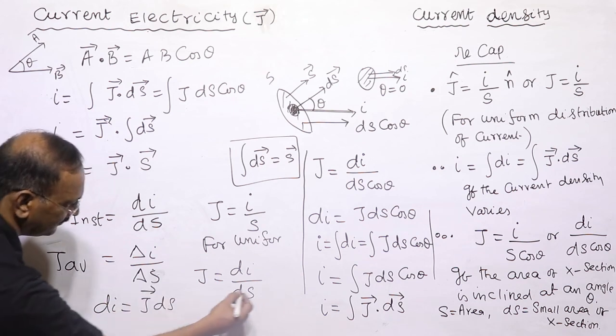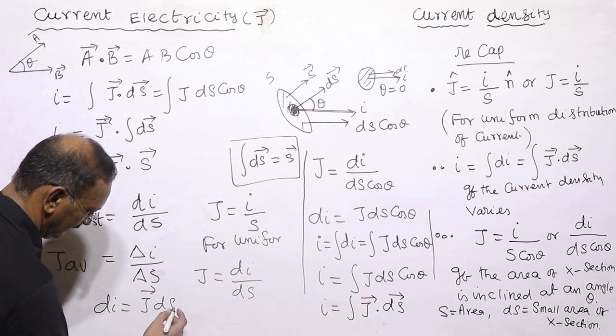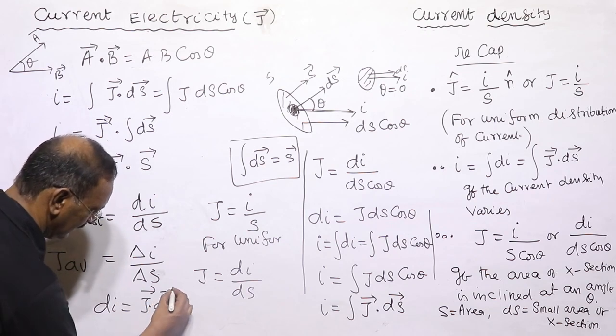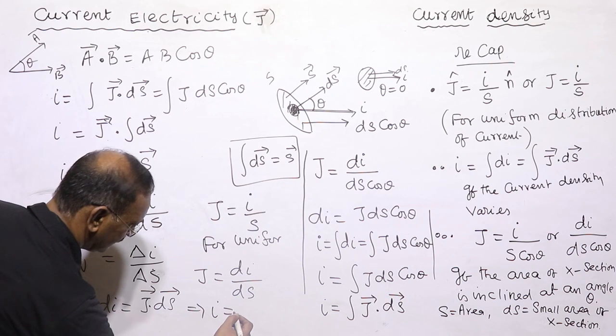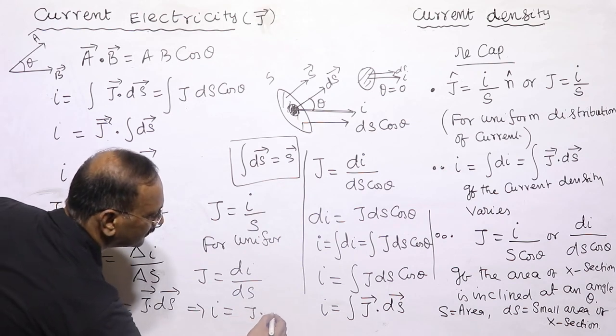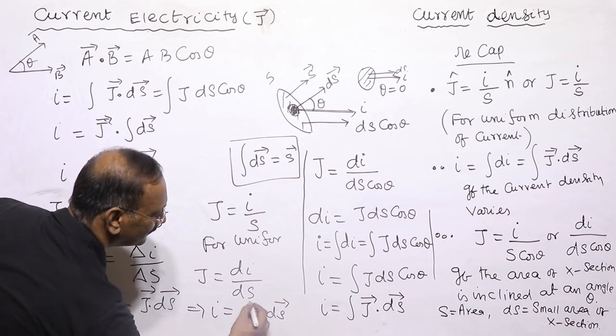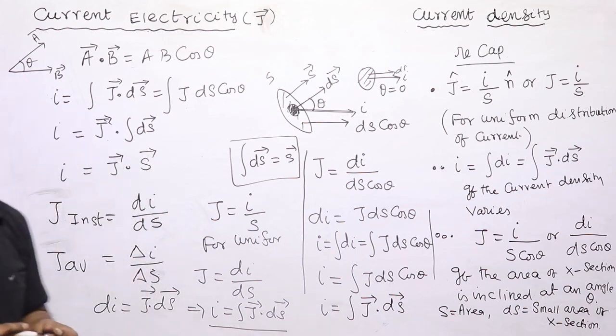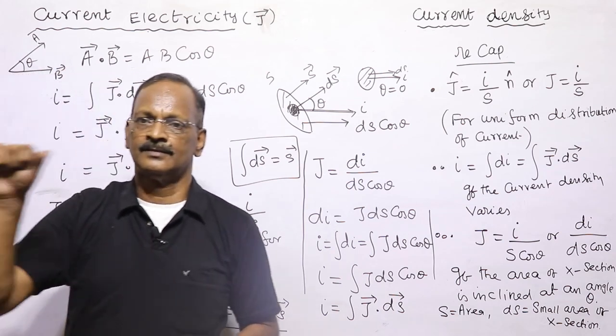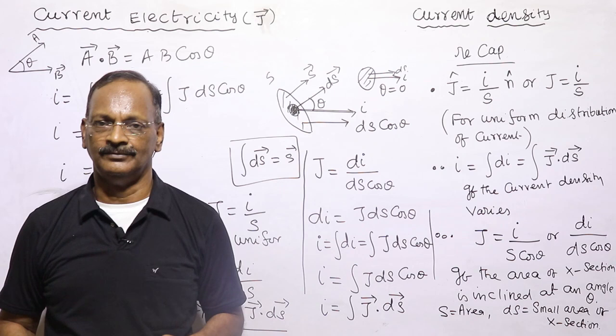Already we have seen, if it is inclined, cos theta will come. So I is equal to the integral of j dot ds vector. This we use for non-uniform distribution of current through the area of cross section of the conductor.